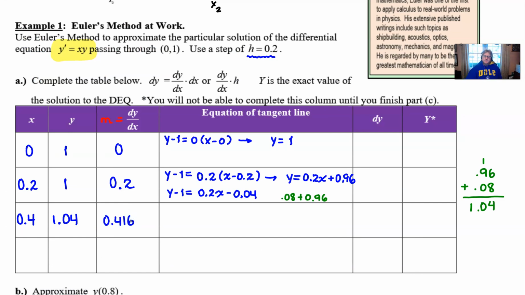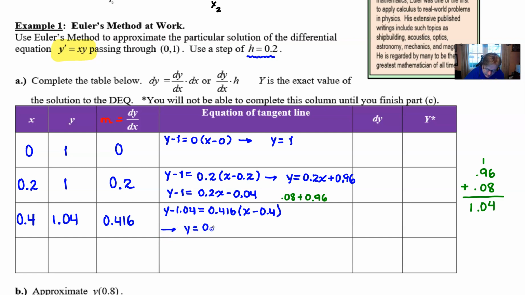So that means my new tangent line or pseudo-tangent line would look like this. Y minus the y value would equal our slope times the quantity x minus our x value. Now, to get y by itself, I'm going to go ahead and do that work down here.